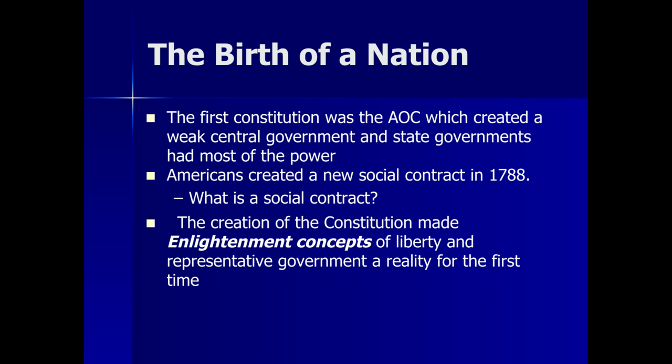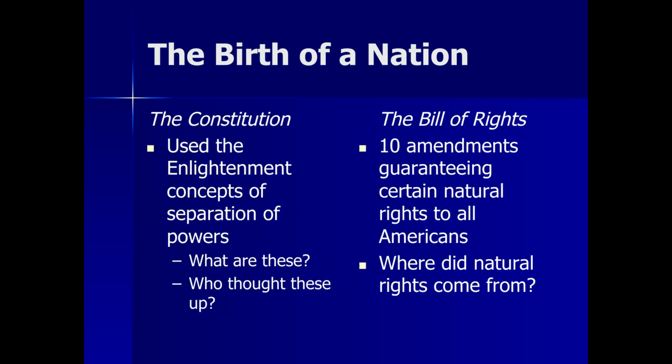One of the things that the Constitution is going to do is create a federal system. This federal system is when you have power shared between the national and the state government. So you don't have just one part having more power than the other.